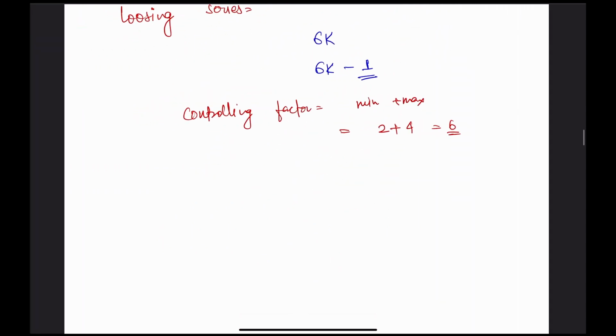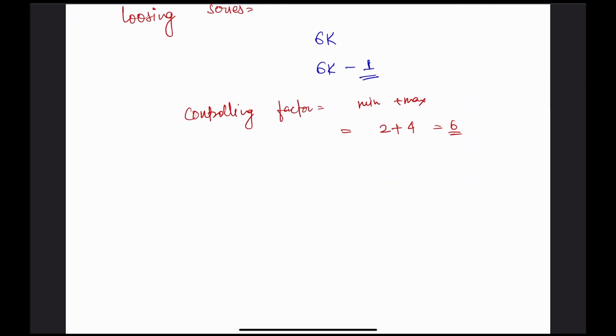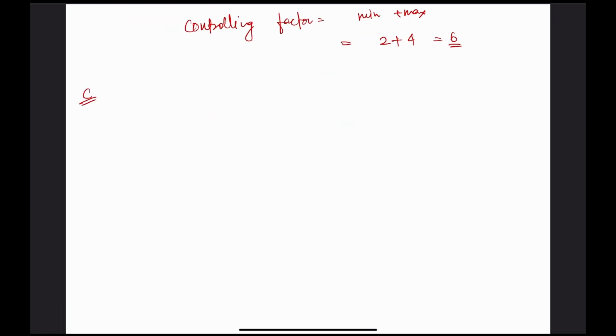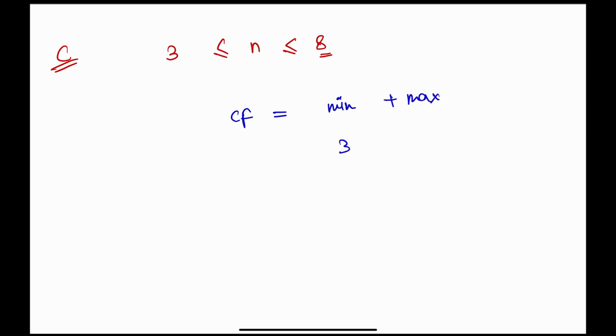Okay, so similarly, if the same kind of conditions are there, let's take the condition, if the condition is to pick 3 to 8, then again our basic application, how to solve this type of question. Find the CF, which is minimum plus maximum. 3 plus 8, that is nothing but 11.